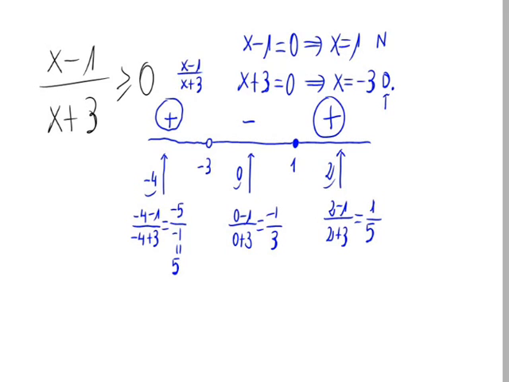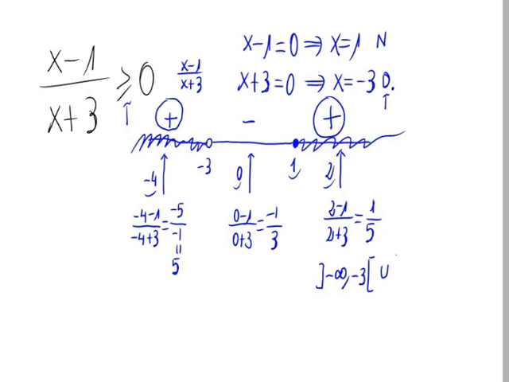Let me remind you that we're looking for the values that make the fraction bigger or equal to 0. So the solution will be the first interval and the third interval: from minus infinity until -3, but the -3 not included, and from 1 till plus infinity, where the 1 is included in the solution.